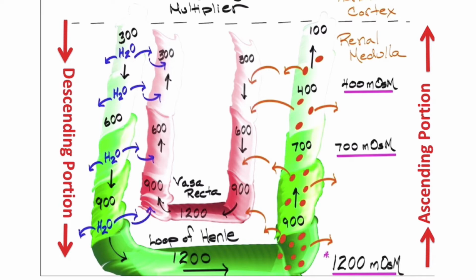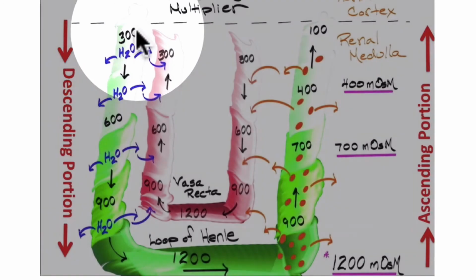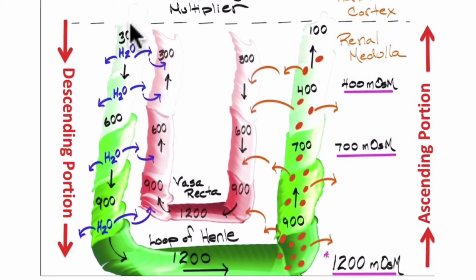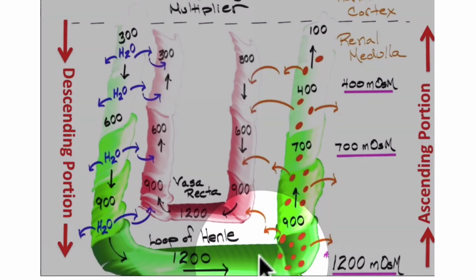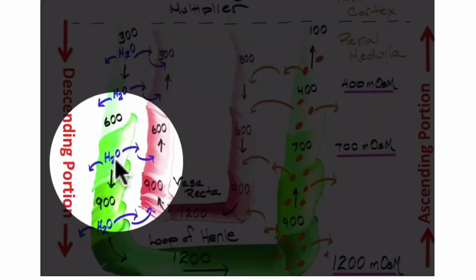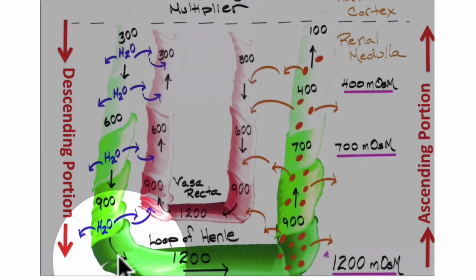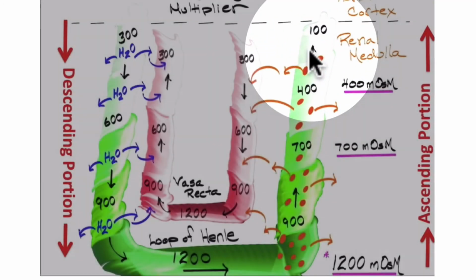So we see up here at the top left, this is where filtrate is entering the loop of Henle, down what is known as the descending portion of the loop of Henle. The filtrate will then proceed down the bottom and then superiorly up the ascending portion of the loop of Henle. So we have a descending portion where filtrate is moving inferiorly, and an ascending portion where filtrate is moving superiorly and will eventually enter the distal convoluted tubule.